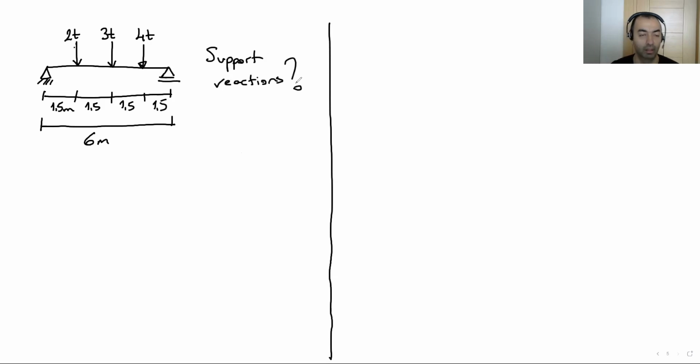What are the support reactions? If we have a structural system like this, we have a beam here. What kind of beam is this? Maybe you can remember from last week. This is a simple beam, basit kiriş in Turkish.